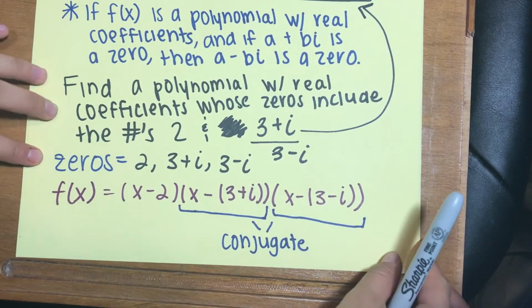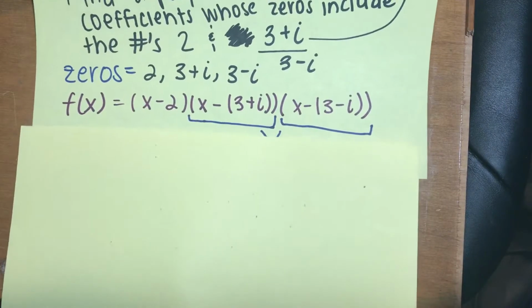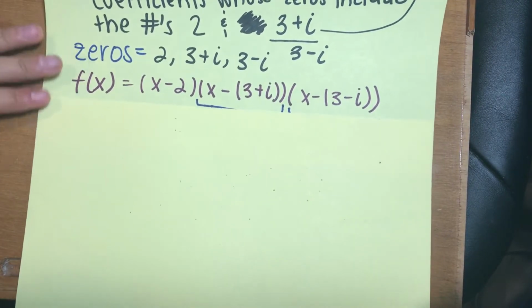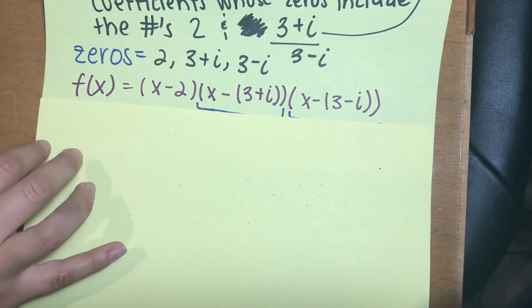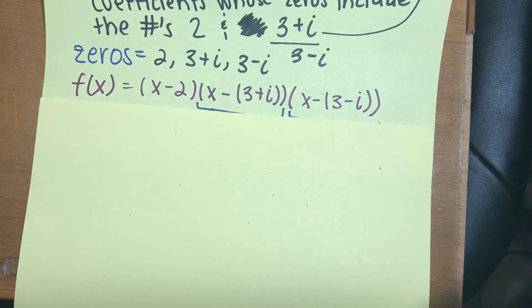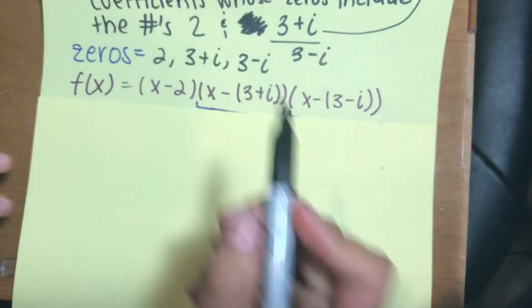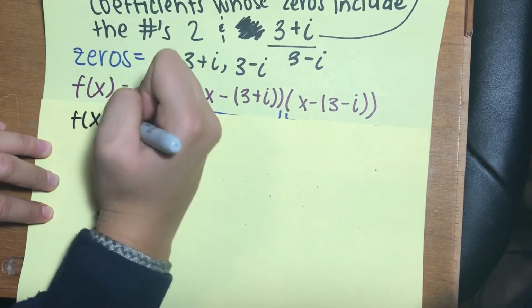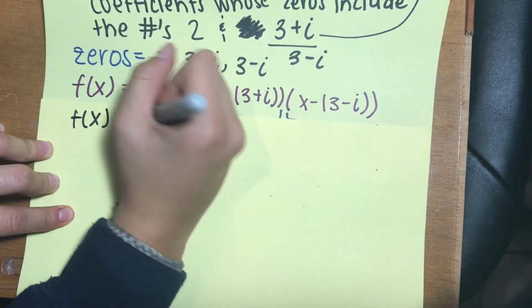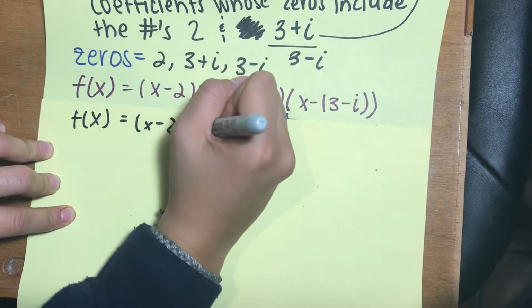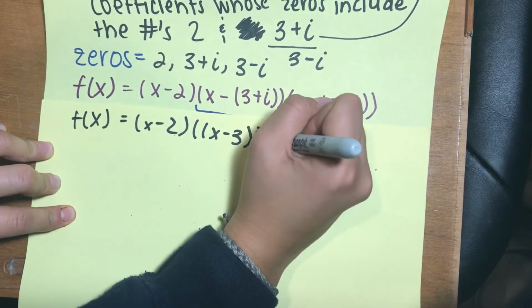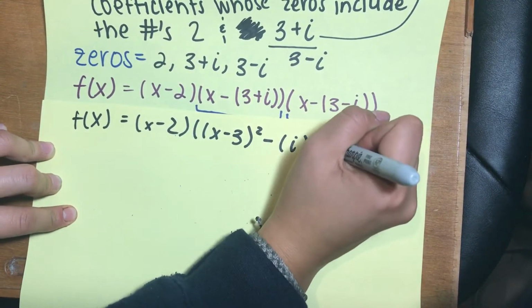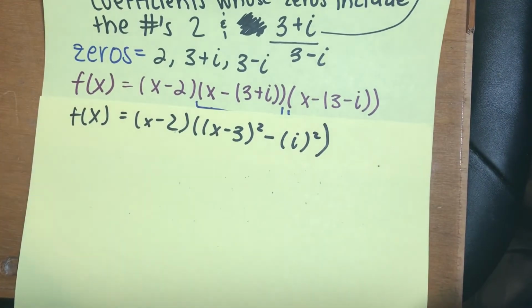So by doing this, what we could do is factor out a common number that they have, and we can rewrite this as f of x equals x minus 2 times x minus 3 to the power of 2 minus i squared, in parentheses.